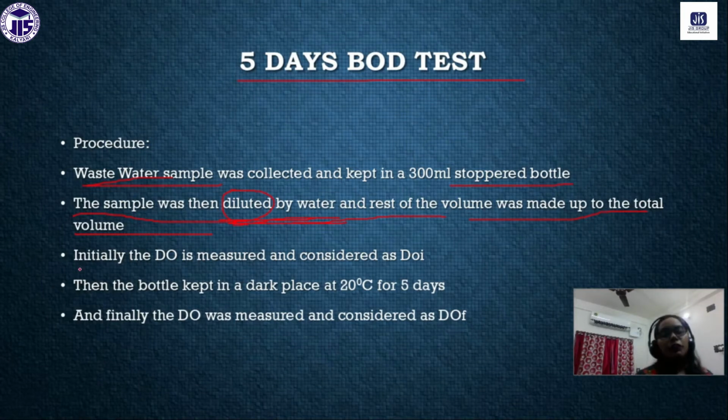After dilution of the wastewater sample with water, what do we have to do? We have to measure the initial amount of dissolved oxygen, which is considered as DOI, dissolved oxygen initial. Okay, after measuring this, we keep the bottle in a dark place at 20 degrees centigrade for 5 days.